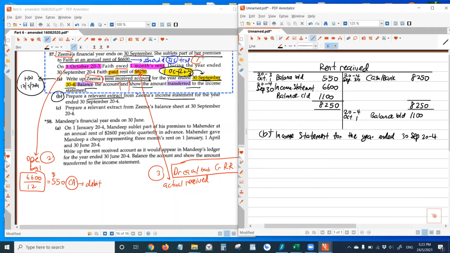Once done with the heading, draw the line with a ruler. Are we looking at an income or an expense account? Income, right? Rent received appears as other income in the income statement. So you write other income. Parts B and C are usually what would follow the income or expense account that you have done.